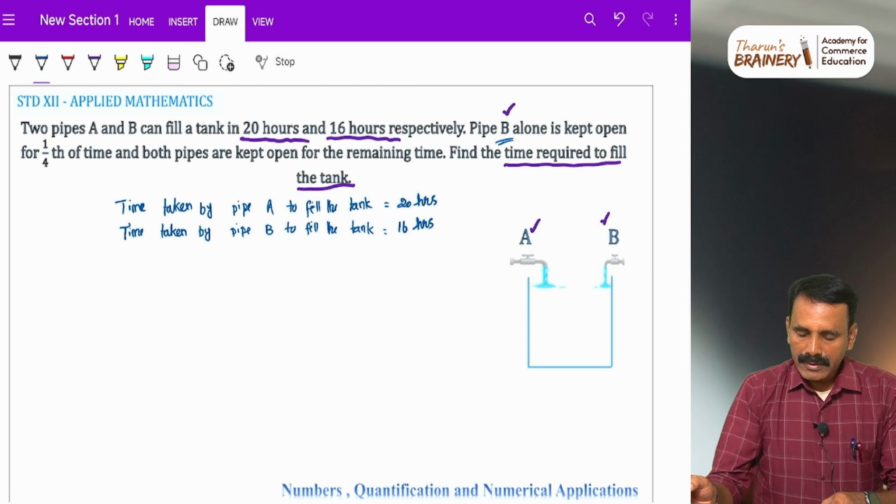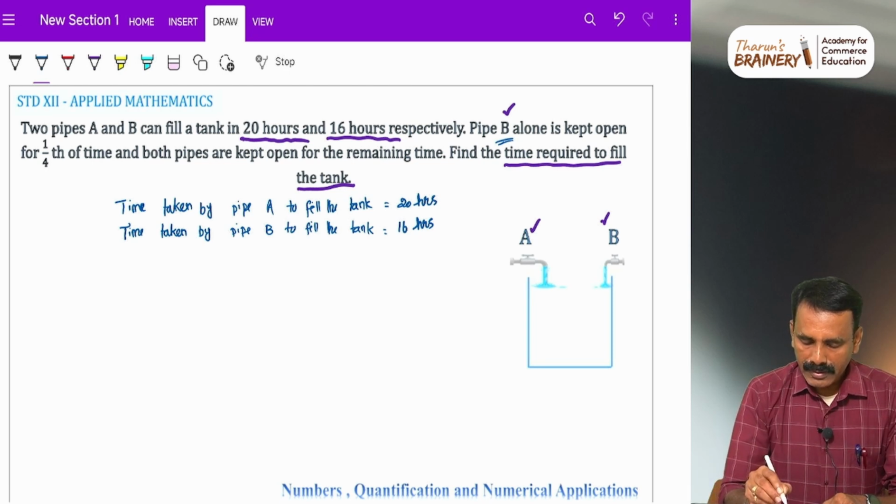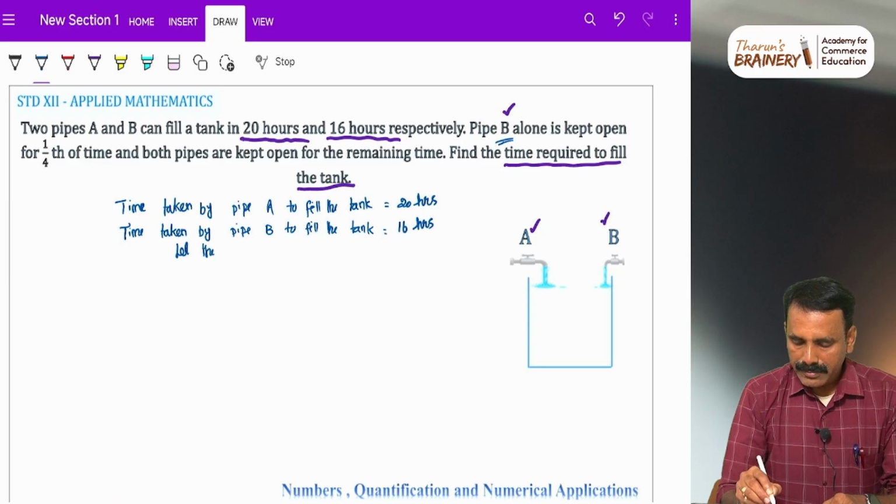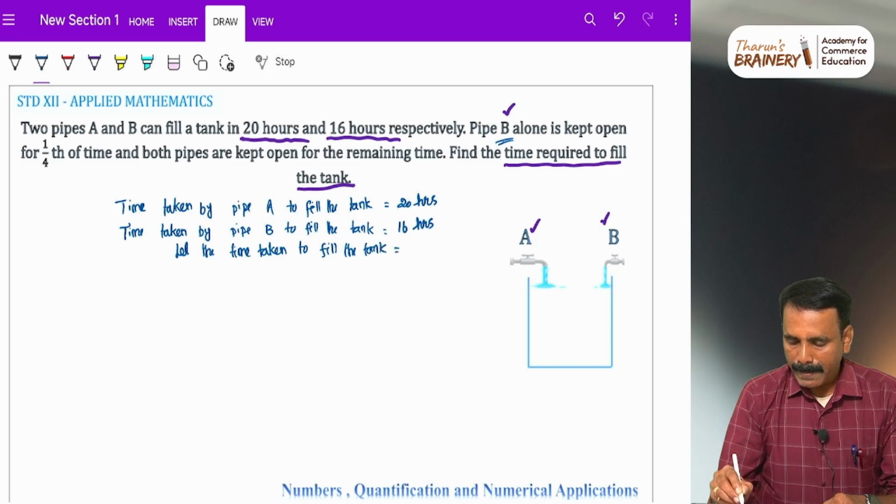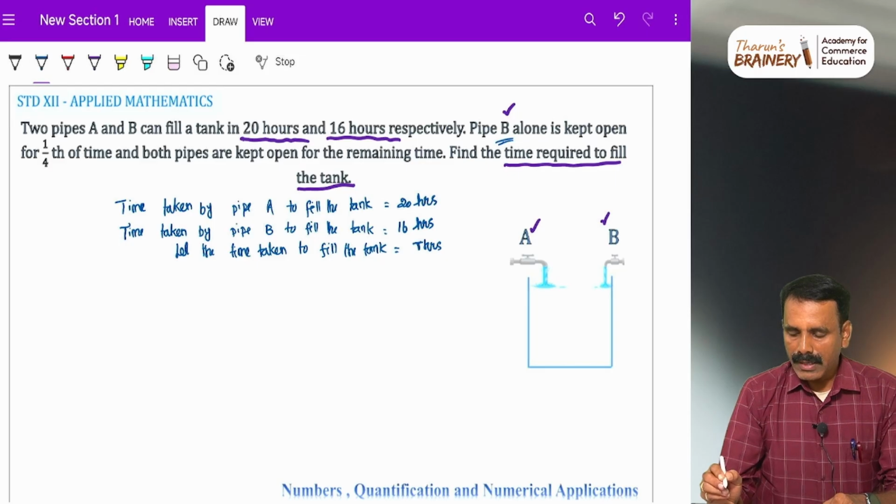Okay. So we assume, let the time taken to fill the tank be T hours.